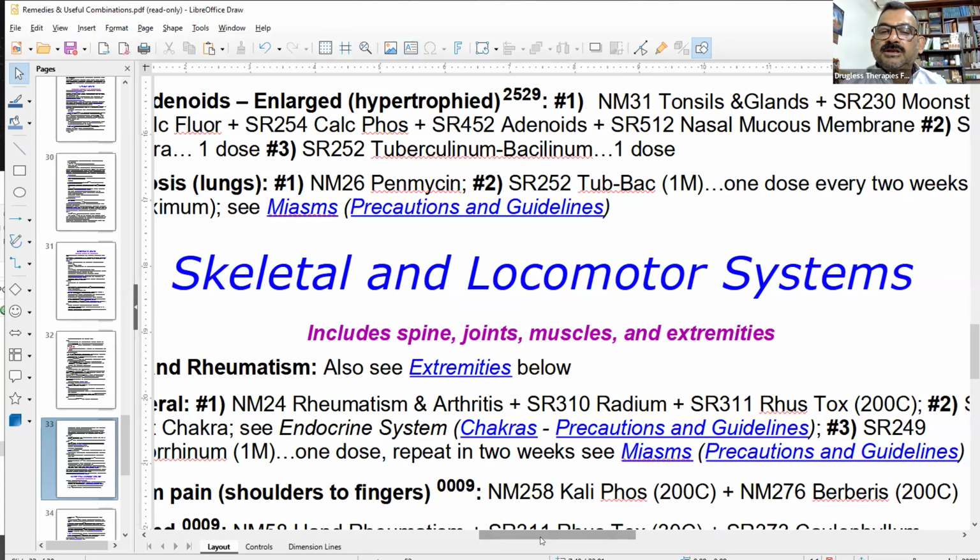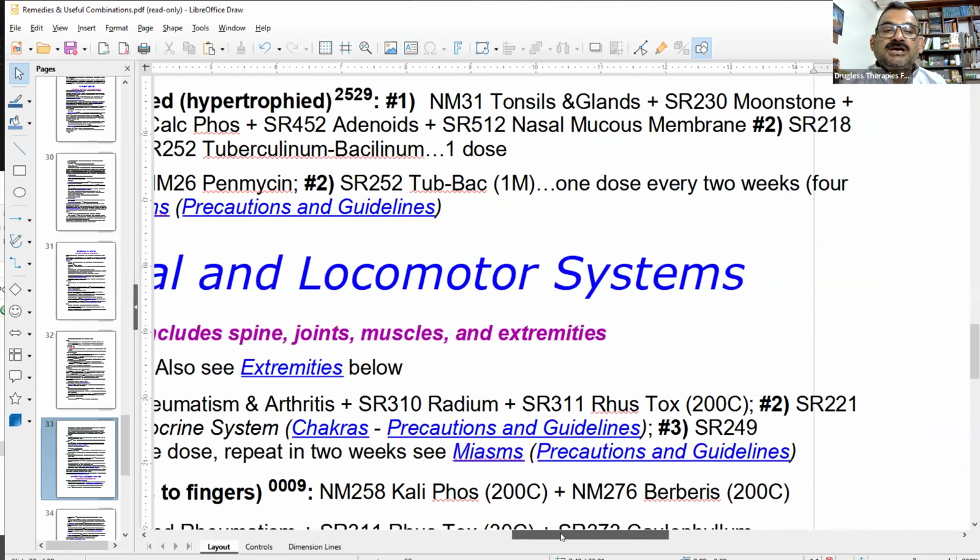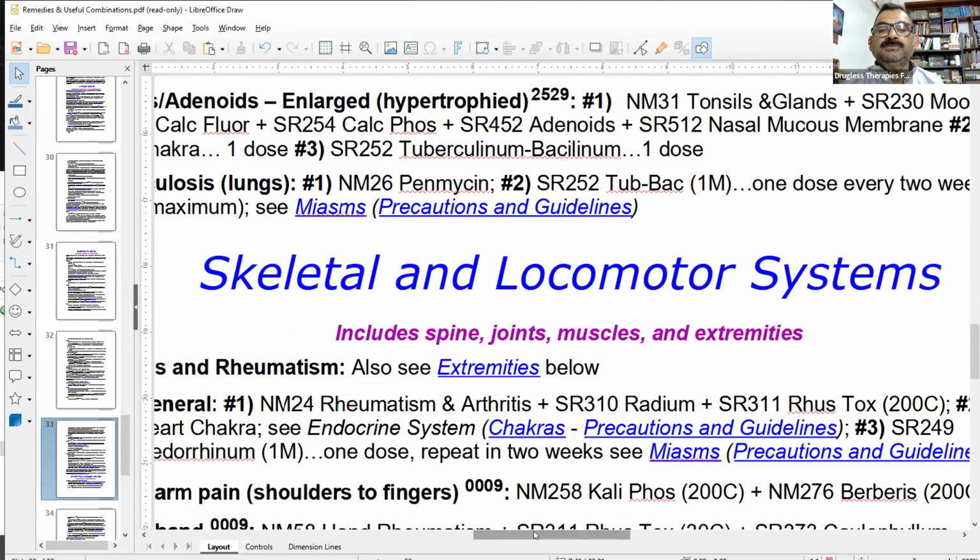Restox, and what are the remedies? SR. See, what is this SRNM?